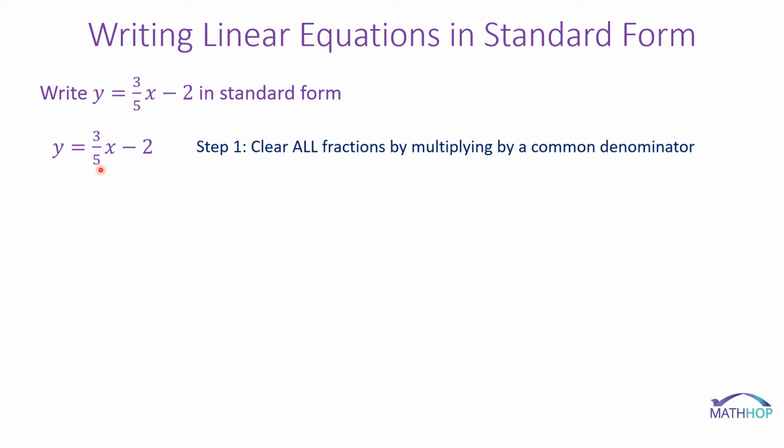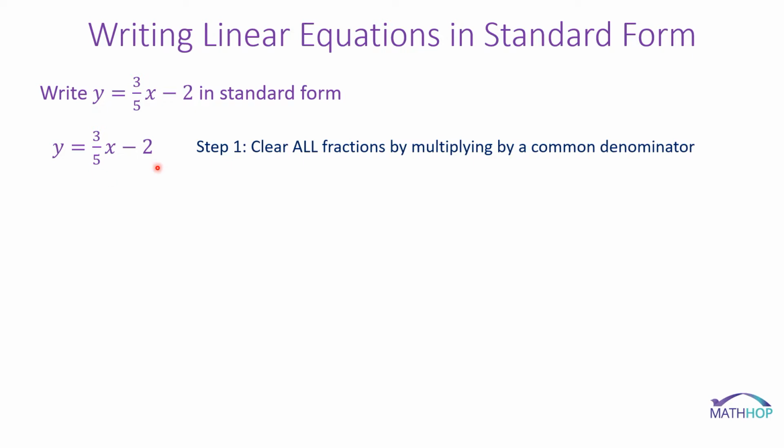Remember, when you want to clear fractions from an equation, you multiply everything by the denominator, because if I were to multiply this by 5, that's 5 over 1, and the 5 divided by 5 would divide out. So to get rid of fractions, multiply by a common denominator. We only have one fraction, so we're going to multiply every single term by 5.